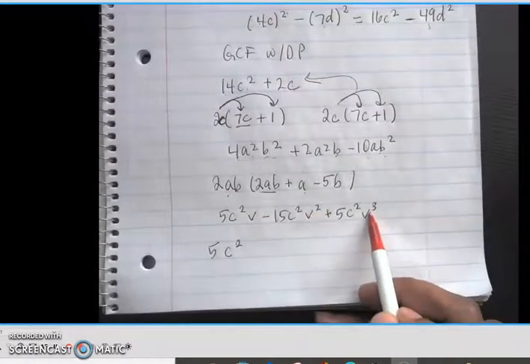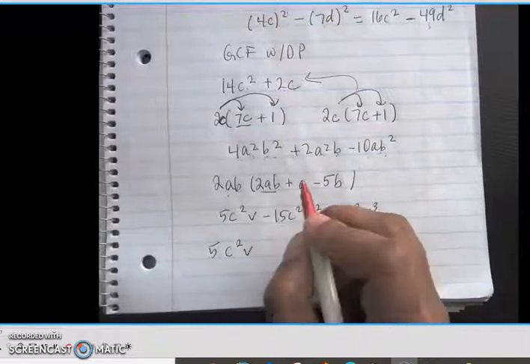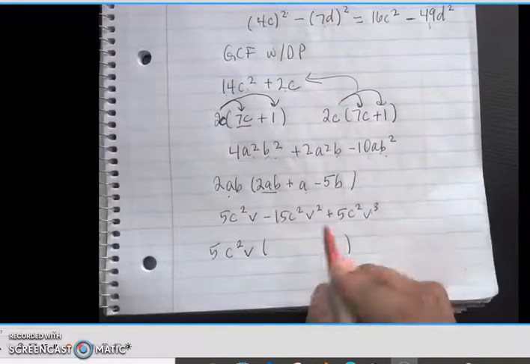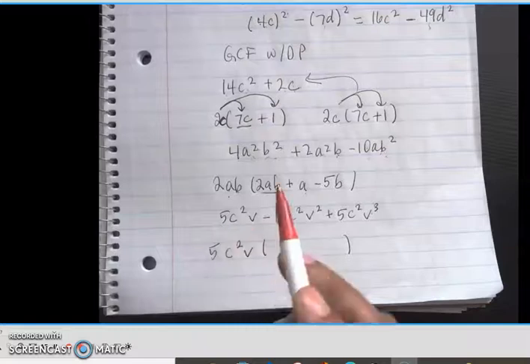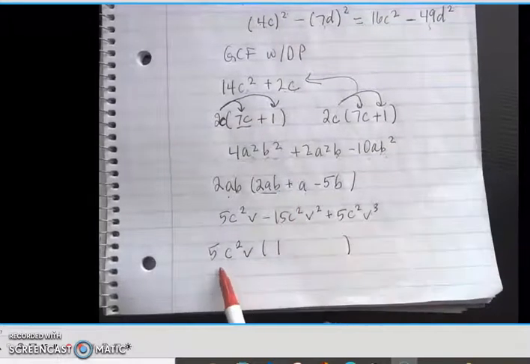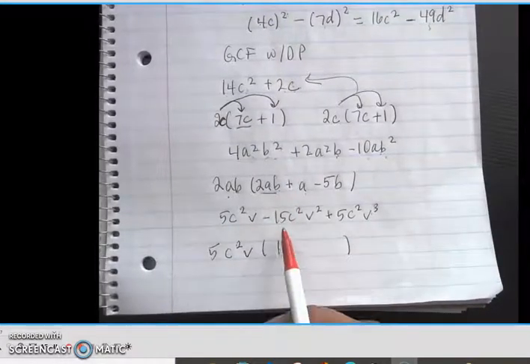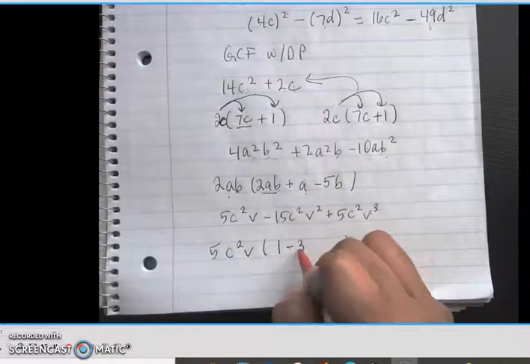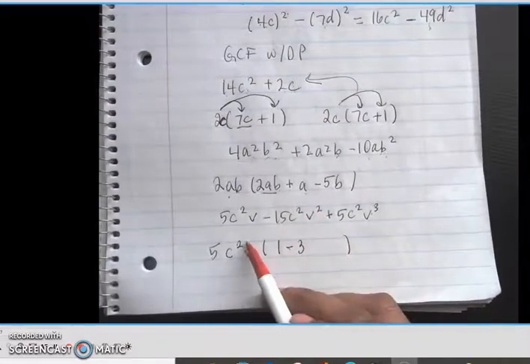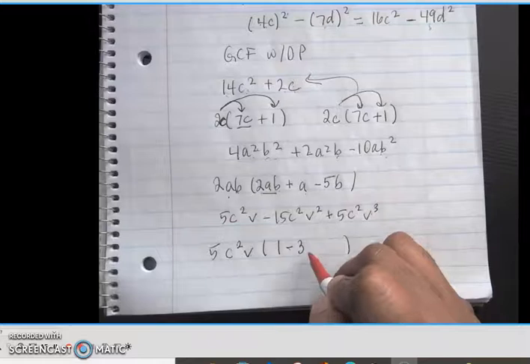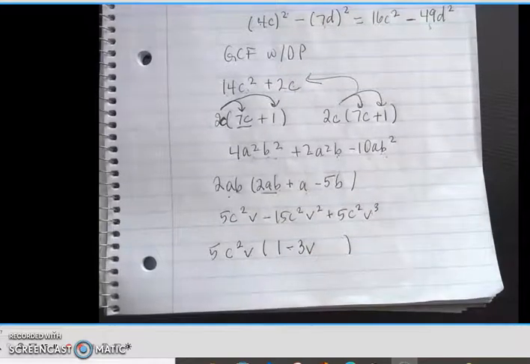1 v, 2 v's, 3 v's in that term, so they have at least 1 v in common. All right, as you can see, 2c squared v, I want to make 2c squared v, so this is a 1. 5 times what would give me negative 15? Negative 3. This term has 2 c's and 2 v's. We got the 2 c's, we don't have that extra v, so I need a v on that negative 3.